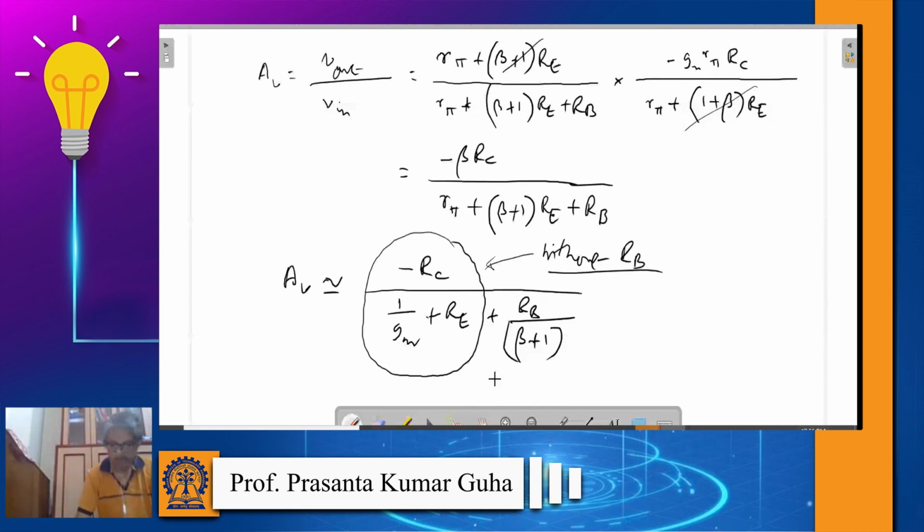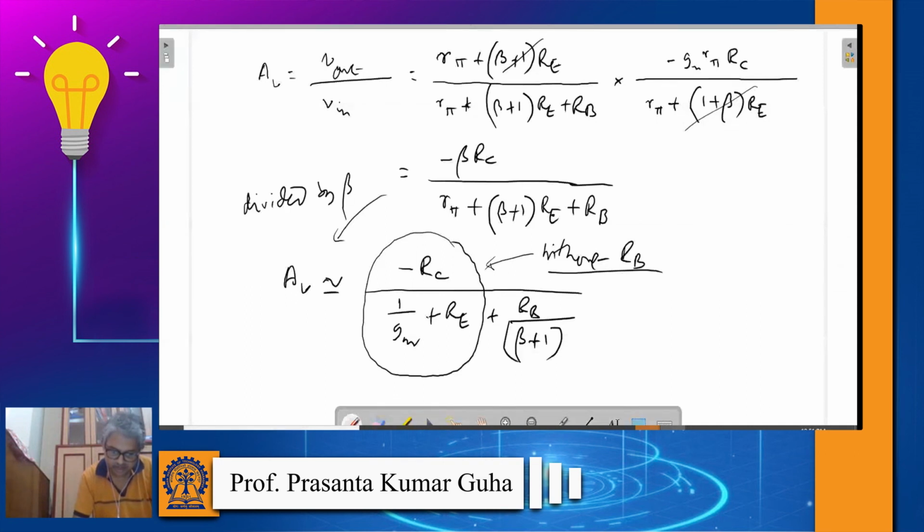What about the input resistance? Sir, you divided by beta. Yeah, just for simplicity I have done that. You divided by beta or beta plus 1? Here I have divided by beta.